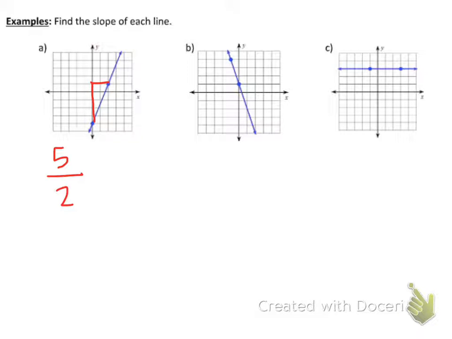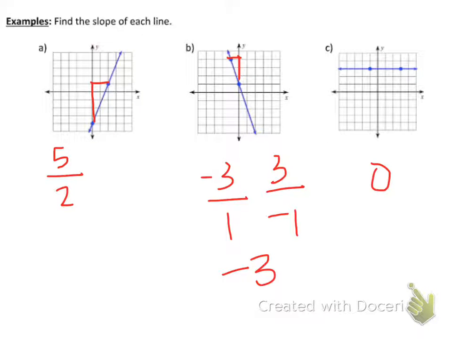For my second one, letter B, I'm going down 1, 2, 3, so down 3 and right 1. Some of you might have said, oh, I want up 3, which is fine, but then you would be going left 1. So you would be going up 3 and left 1, but regardless, that still divides to be negative 3.